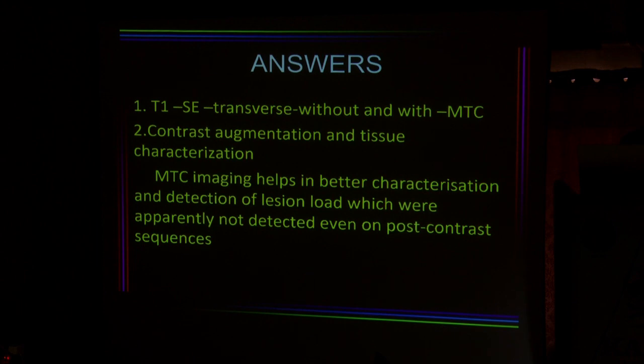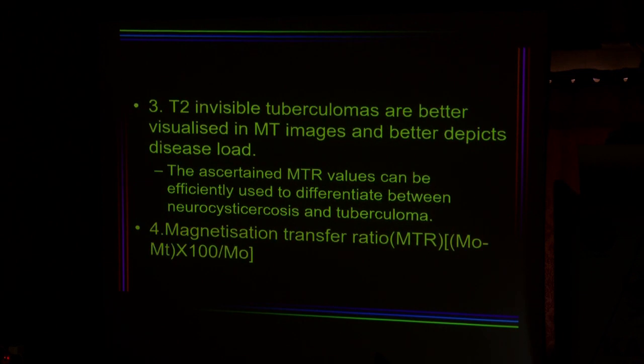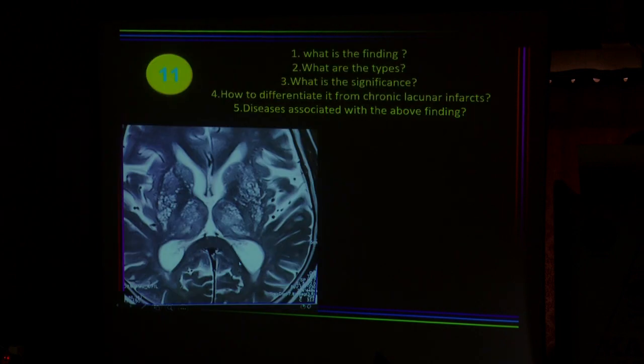It can be used when lesions are inconspicuous in fat suppressed T1, which we use routinely. Even T2 invisible tuberculomas can be better visualized in magnetization transfer images. And what is the magnetization transfer ratio? The formula is the magnetization value without MT minus with MT, into 100, divided by the value M0, which is the magnetization without applying transfer images.